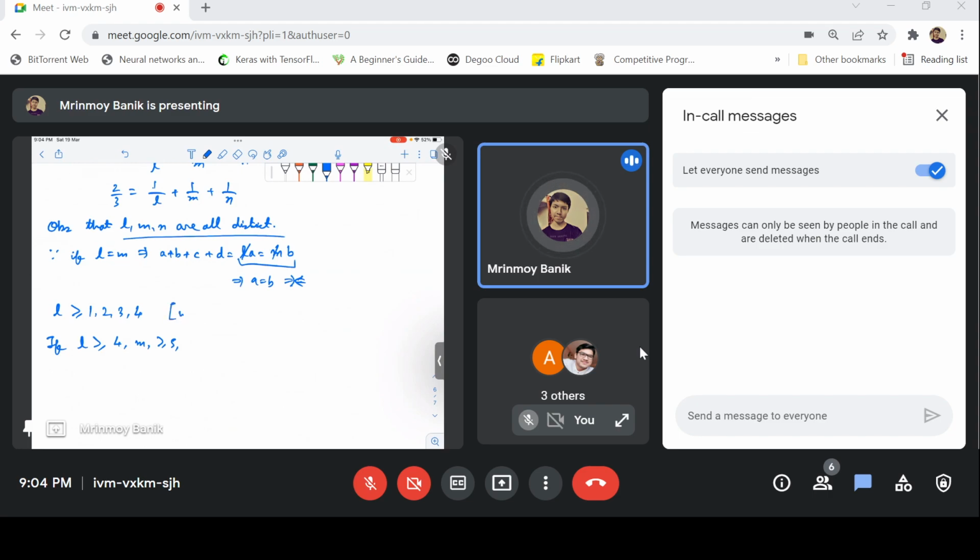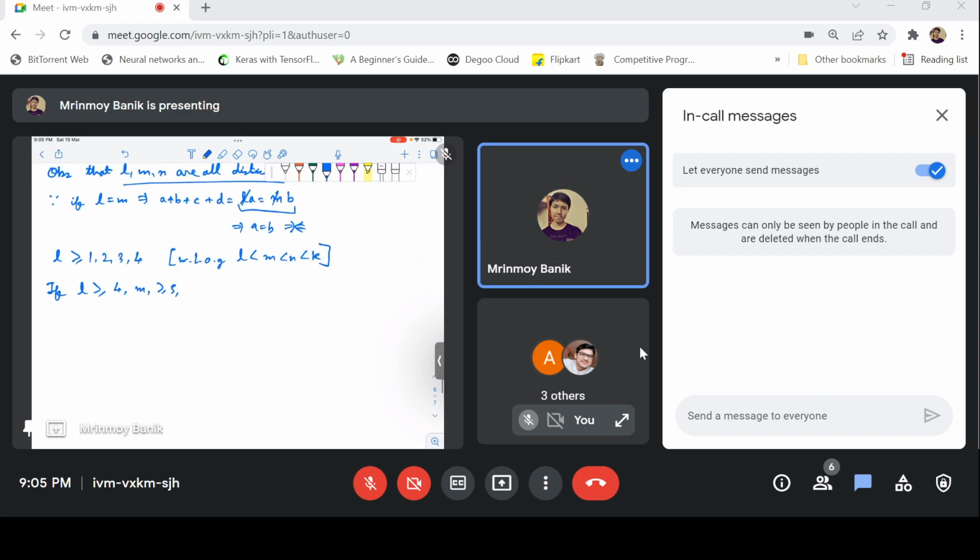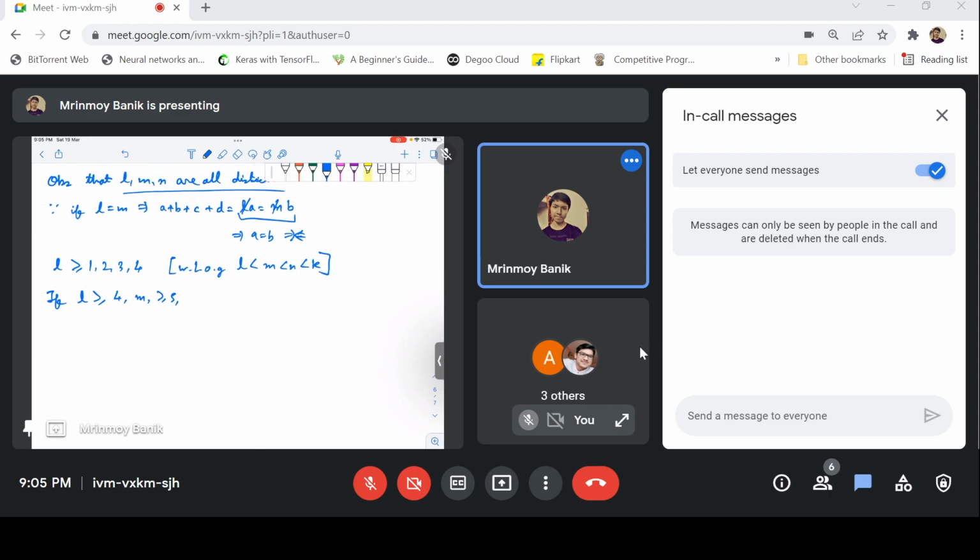Without loss of generality, we can assume some order. So N has to be then greater than or equal to 6.